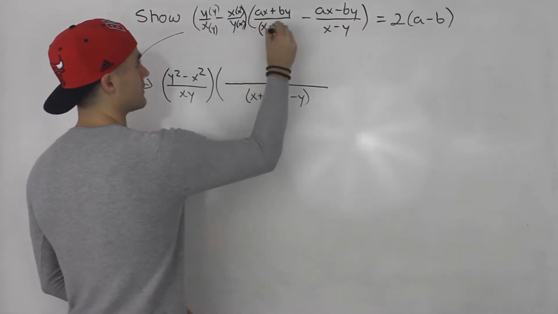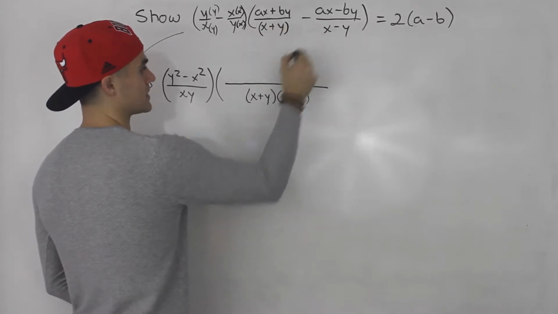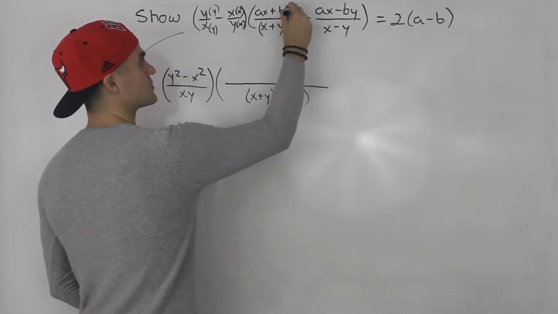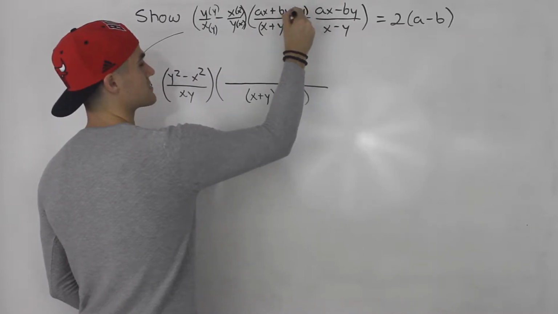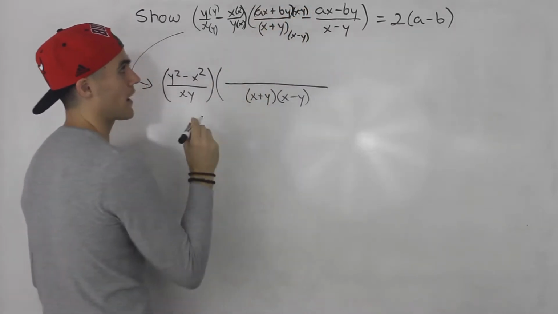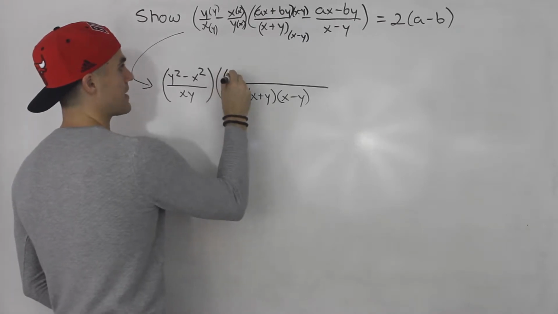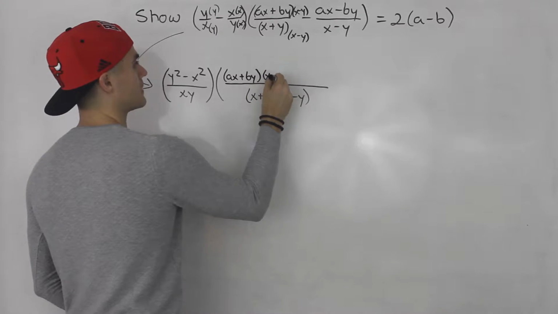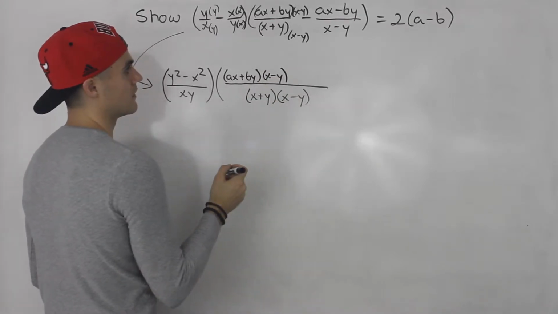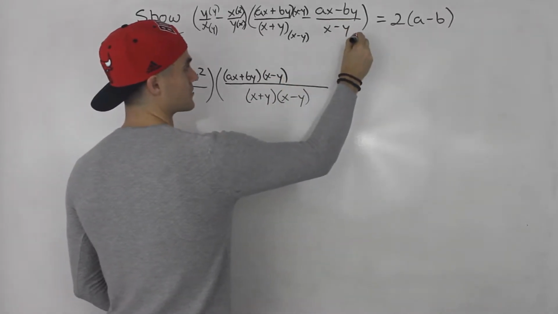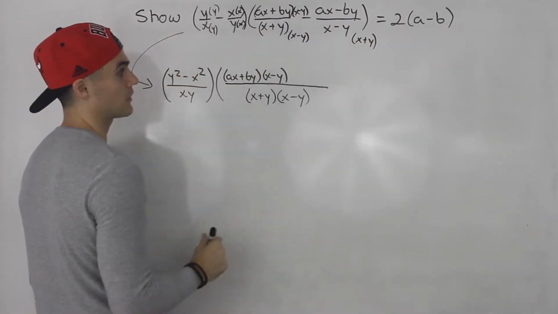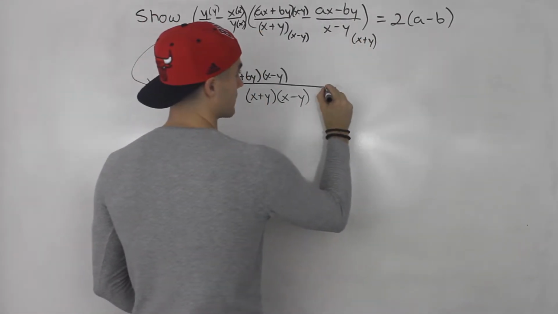So what did we have to multiply this x plus y by to get this? We have to multiply it by x minus y, which means we have to multiply the top by x minus y, and that top has to be in brackets. So we'll have ax plus by times x minus y. And then here, this x minus y, we have to multiply by x plus y to get this common denominator, which means we have to multiply the top by x plus y.